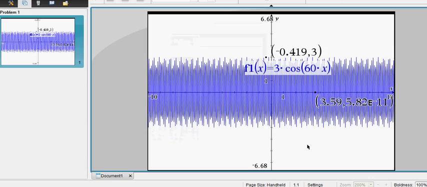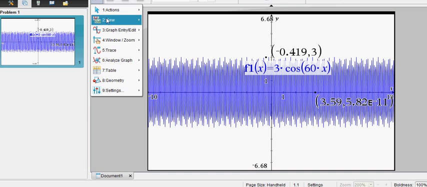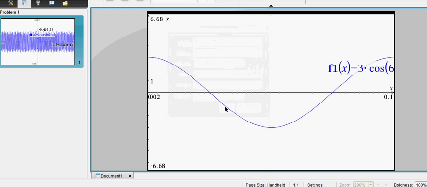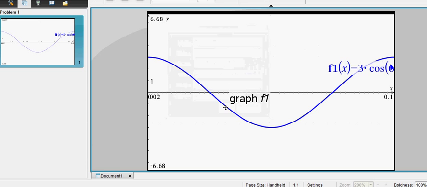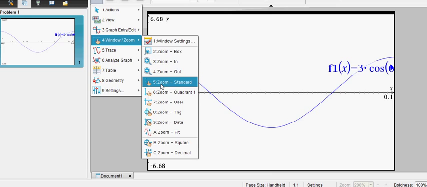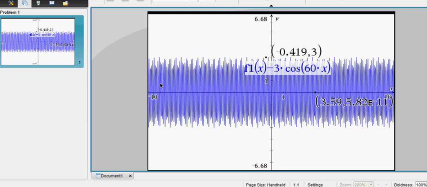The problem is that the period of that graph is 2 pi over 60. That's like 0.1. That's really small. So if I want to see just one cycle, I can go from 0 to 2 pi over 60. Now I've got one cycle. I've got something that I can look at that's better to look at than this.